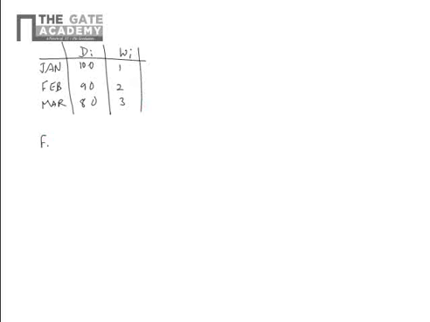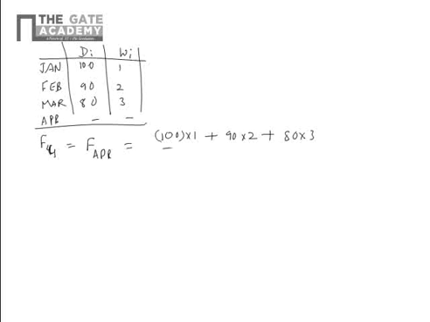So for the F4 forecasted value, you need to forecast the value for April. So F4, which is the forecast for April, equals 100 into 1 plus 90 into 2 plus 80 into 3 divided by 1 plus 2 plus 3.